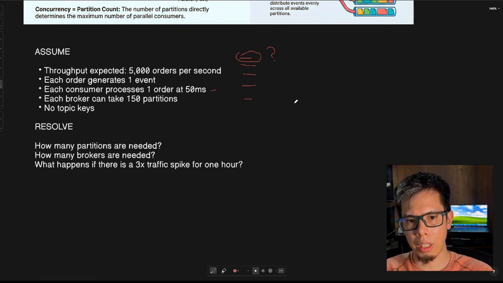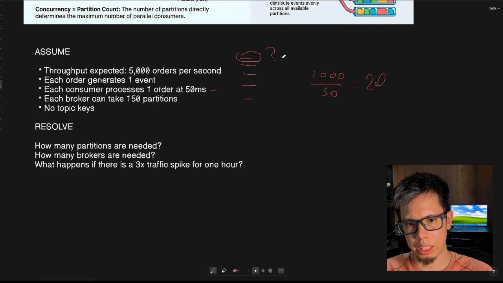So if we have 50 milliseconds, to see how many orders fit in a second, we have to divide a single second by it. So in this case, it will be 20. So in a single second, there will be 20 orders that can be consumed.